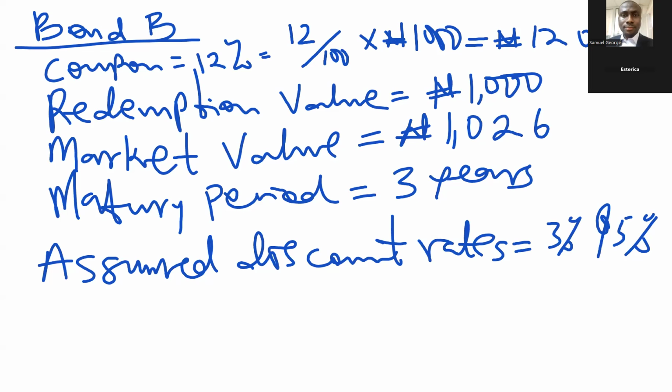Now it goes this way. Okay, bond B yield to maturity. We have year 0, year 1 to 3, and year 3.